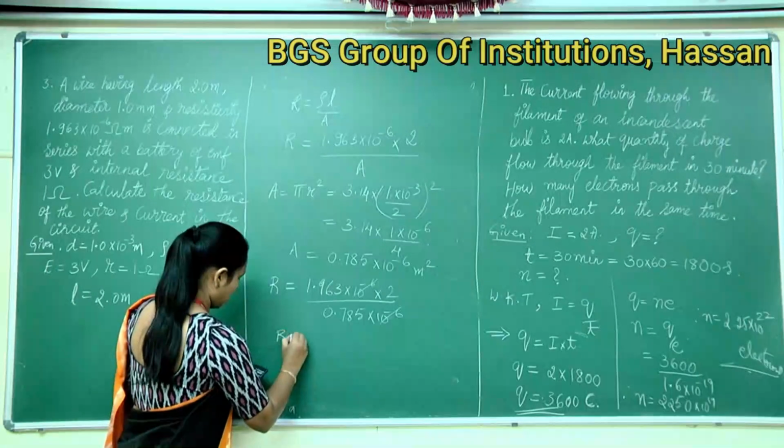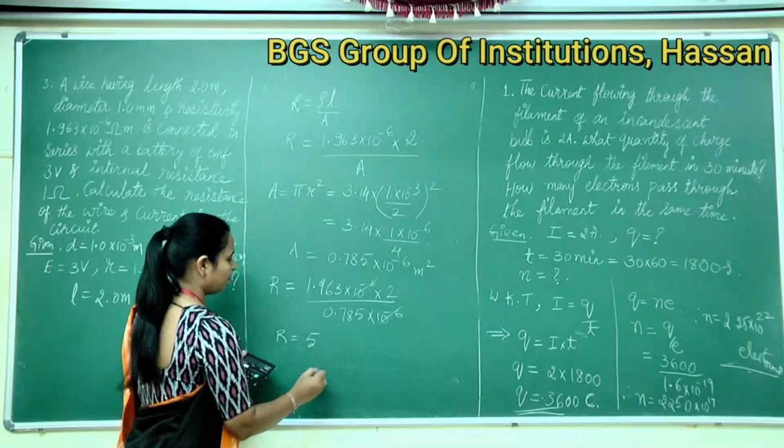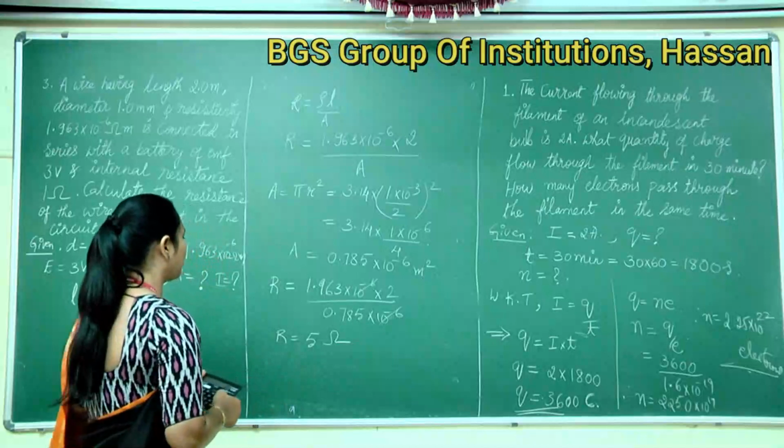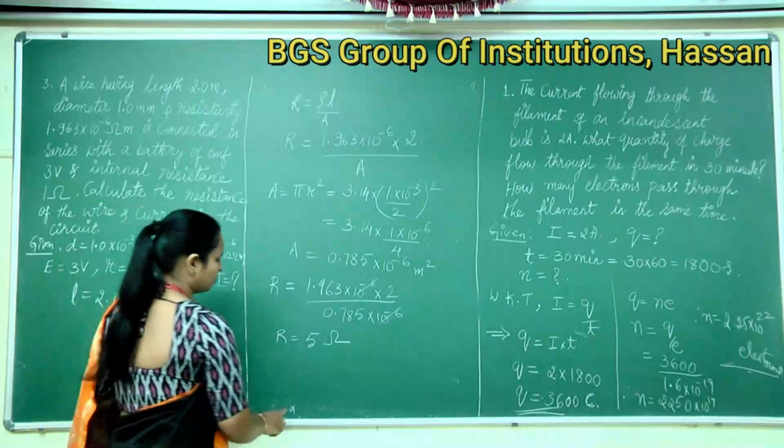Therefore R is equal to 5 ohm. So we got the value of R as 5 ohm.